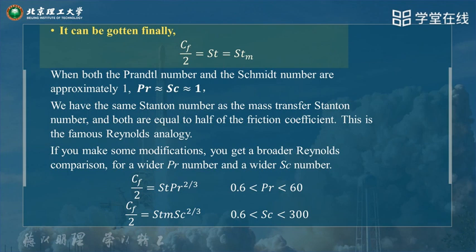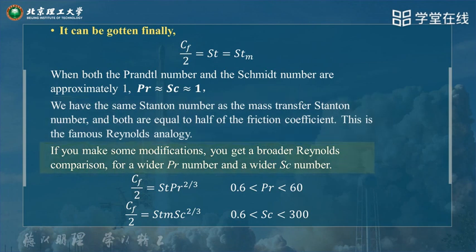So when both the Prandtl number and the Schmidt number are approximately 1, we have the same Stanton number as the mass transfer Stanton number, and both are equal to half of the friction coefficient. This is the famous Reynolds analogy.